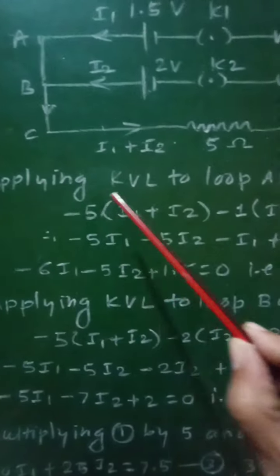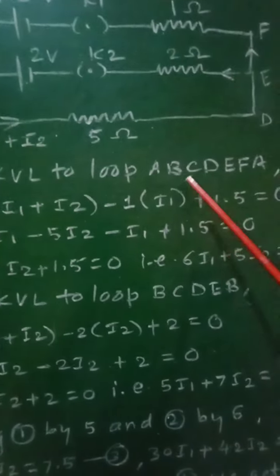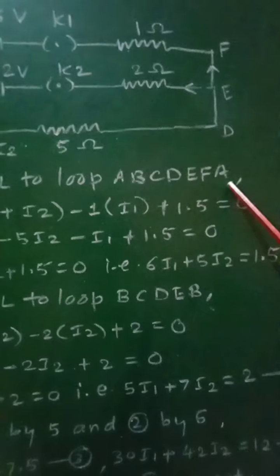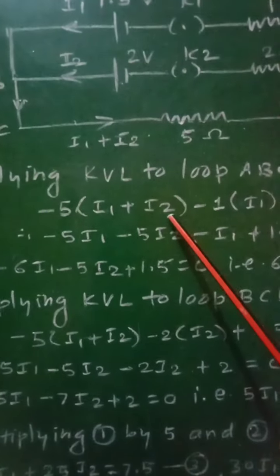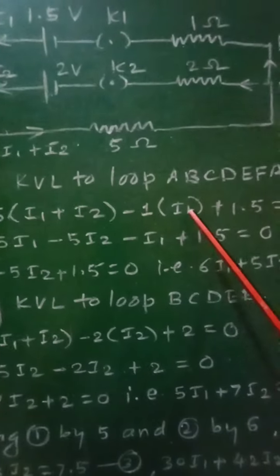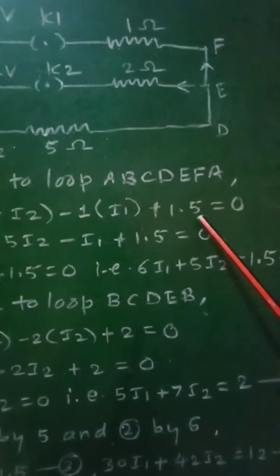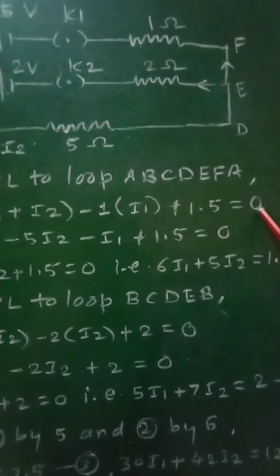then B, C, D, E, B as the second loop, and then by using the same sign conventions we can write here, applying Kirchhoff's voltage law to loop A, B, C, D, E, F, A. We can write minus 5 into I1 plus I2 minus 1 into I1 plus 1.5 equal to 0.